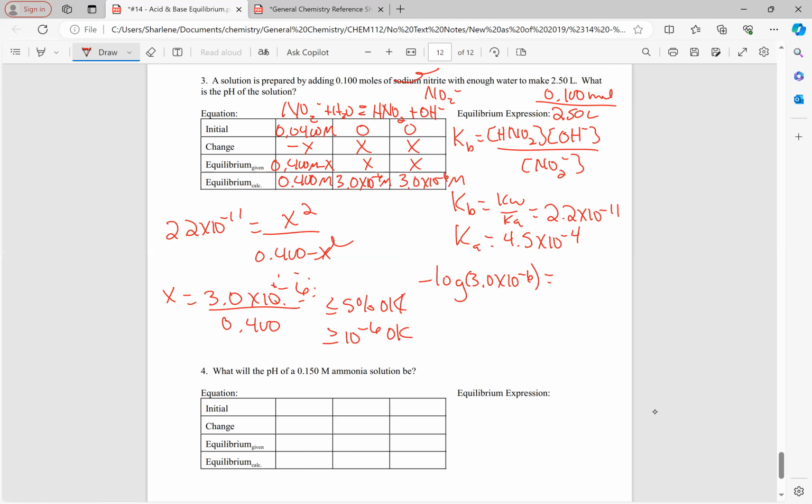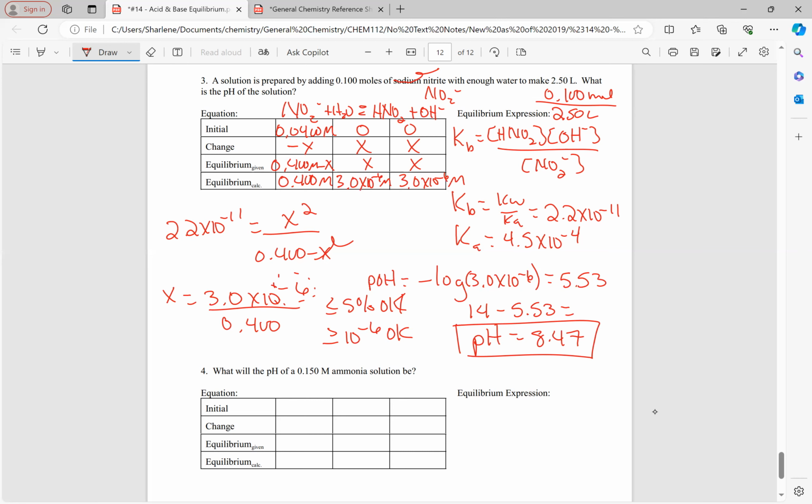This is not a pH, it's a pOH. And I get 5.53. So 14 minus 5.53, the pH is 8.47. Did we expect a basic pH? Yes, we did.